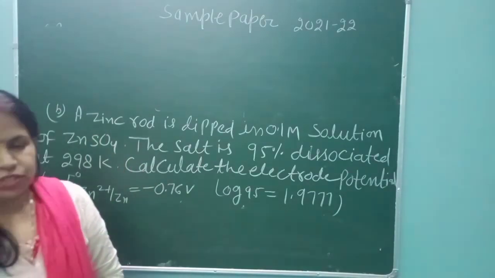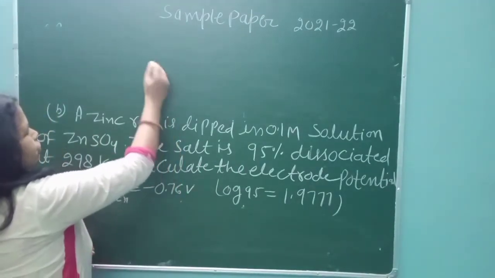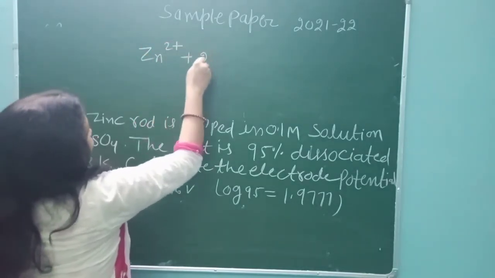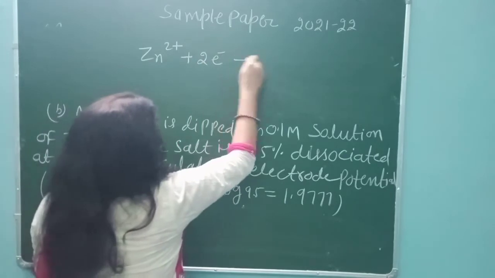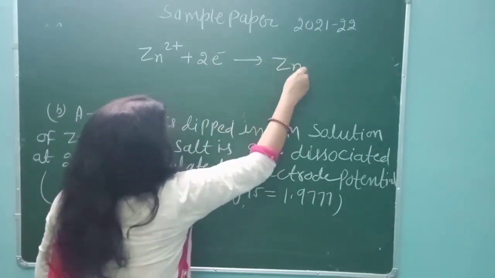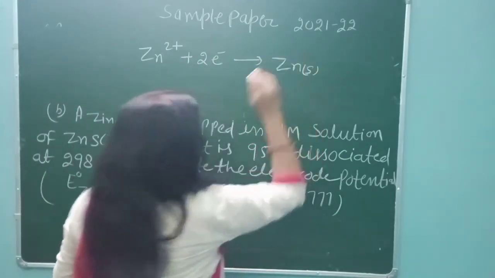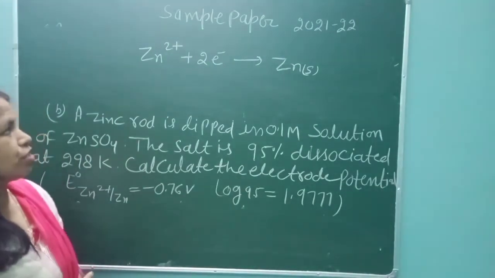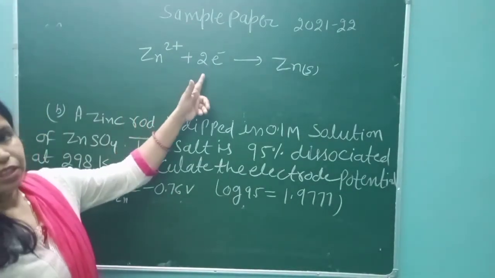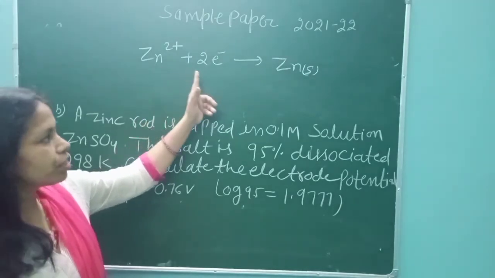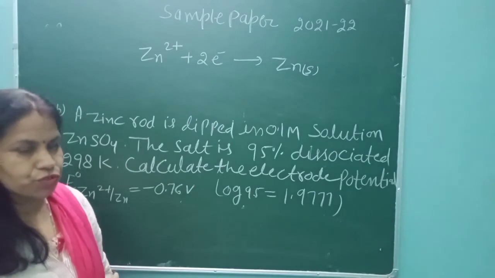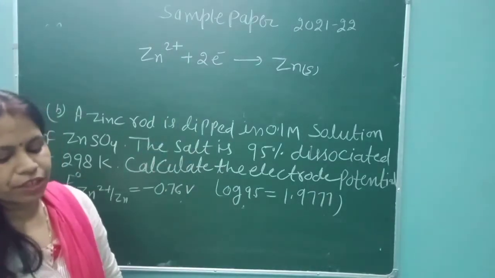So what is the reaction here? Zn2+ plus 2 electrons converts into Zn solid. This is reduction, and reduction always takes place at the cathode. Oxidation always takes place at the anode and reduction always at the cathode.